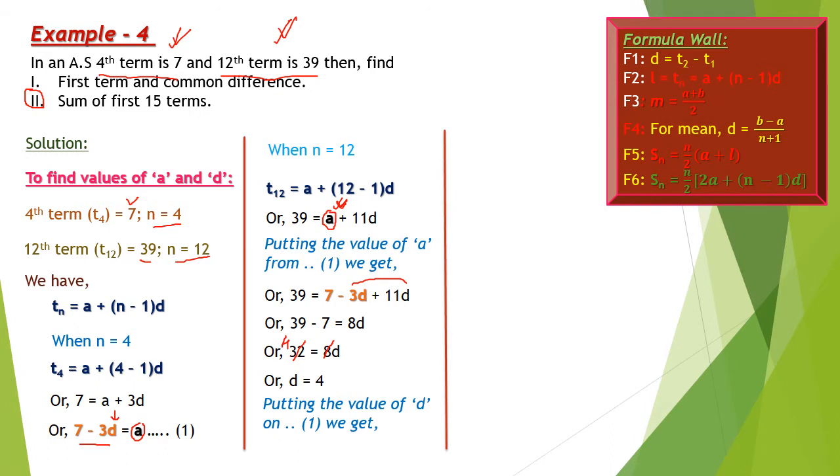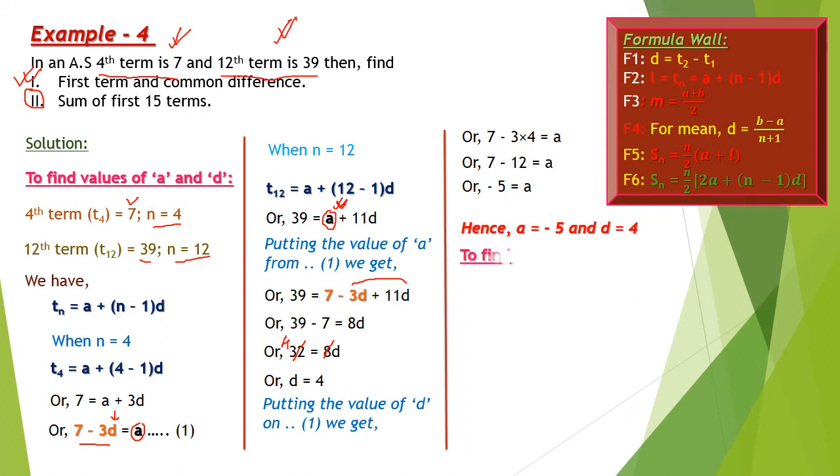Now putting the value of d in equation 1, we get 7 minus 3 into 4 equal to a, which gives 7 minus 12, and finally minus 5 equal to a. Hence a is equal to minus 5 and d is equal to 4, which completes our first part.